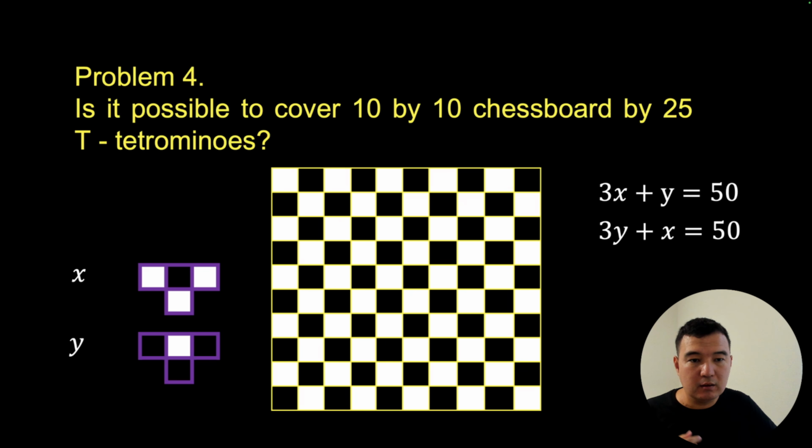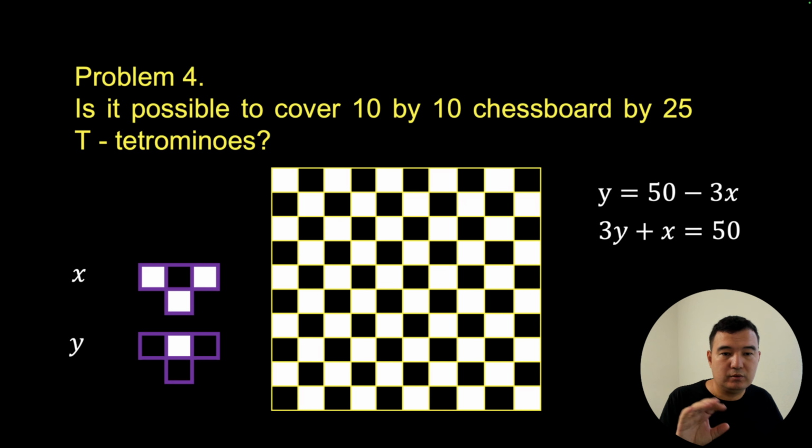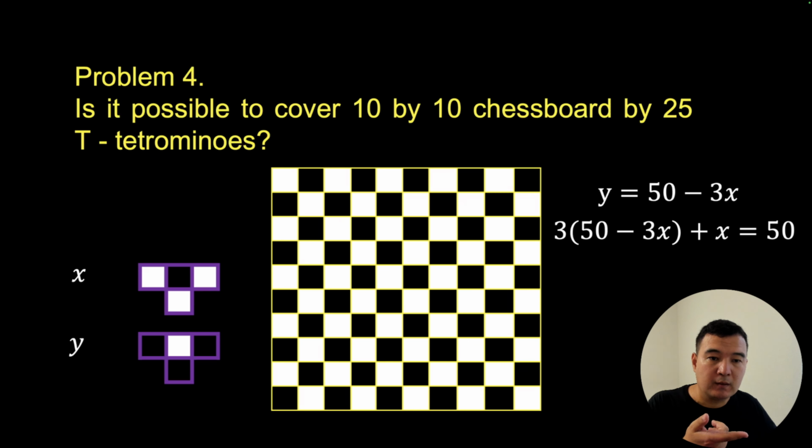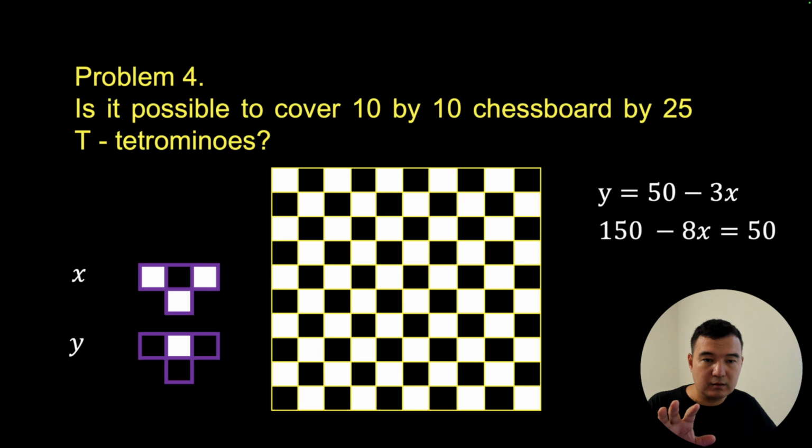Now if you want to figure out what's X, what's Y, you can solve the following simple equation. And then how many of the first type and how many of the second type. So let's just do simple substitution. Y is 50 minus 3X, and then put into the second equation and open the parentheses, so 8X has to be 100 in order to get 50.